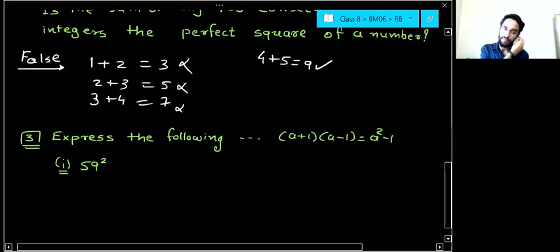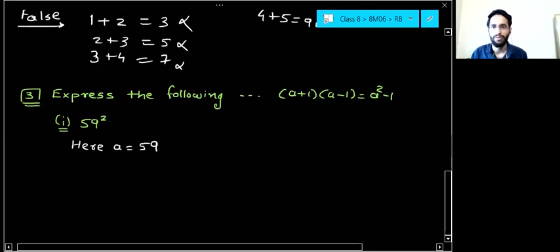So here a is 59, or not? Just first identify a. Here a is equal to 59, isn't it? Now we have to write this in the form (a plus 1)(a minus 1) equal to a square minus 1.